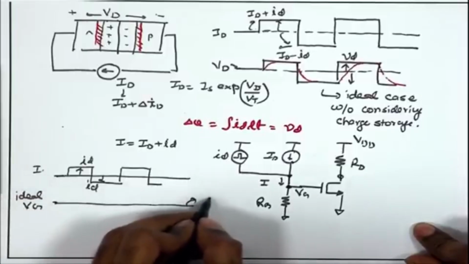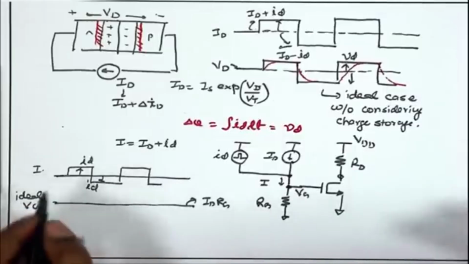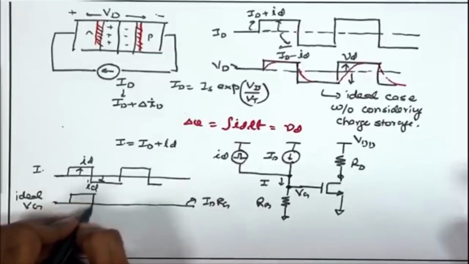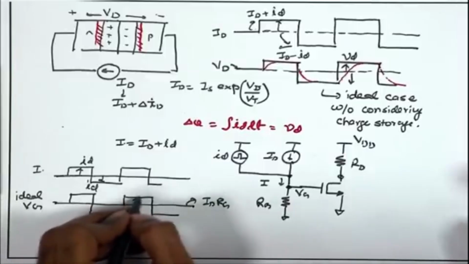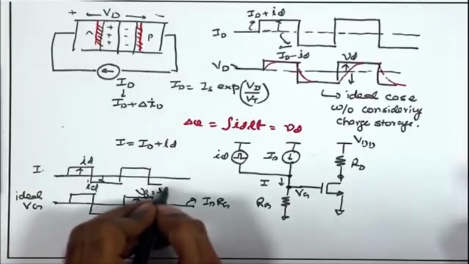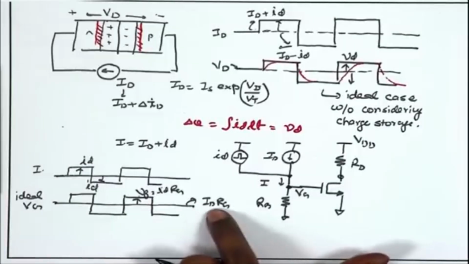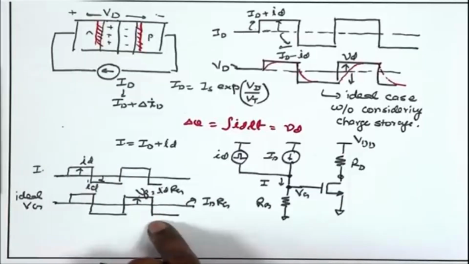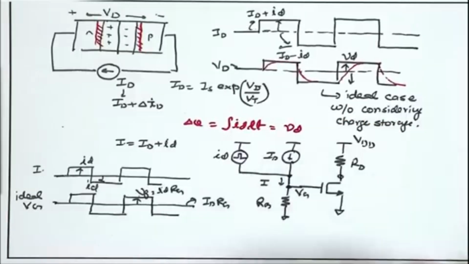The DC level is Ig times Rg, and on top of that, if I am changing this current by small id, it will go up and down instantaneously. And this difference we can call small vg, which is equal to id times Rg. Every time you increase the current by small id, the gate voltage should increase instantaneously and reduce instantaneously, if I do not consider the capacitive behavior or the charge storage mechanism of the MOSFET.